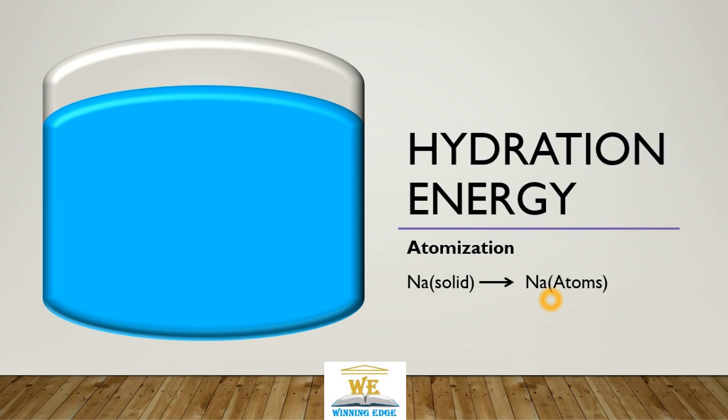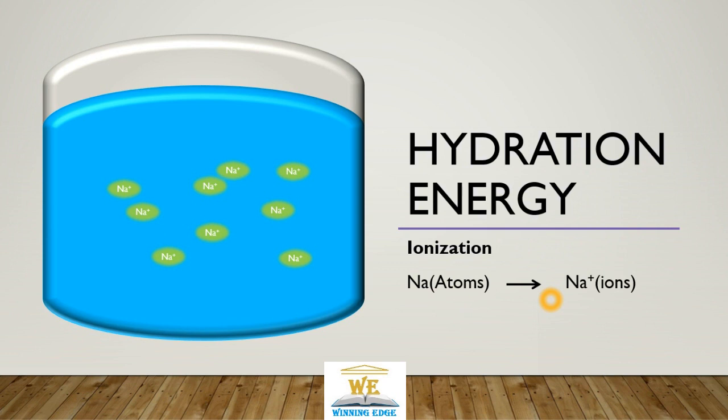This is atomization. The next step is to convert these sodium atoms into ions. That is ionization energy. Converting 1 mole of sodium atoms into 1 mole of sodium ions is called ionization energy.